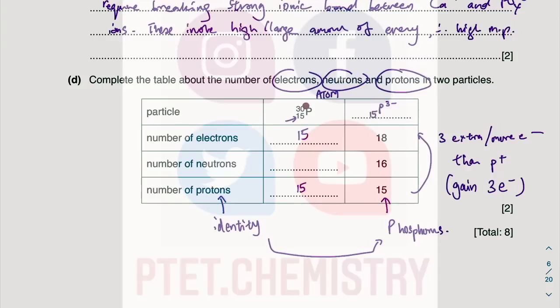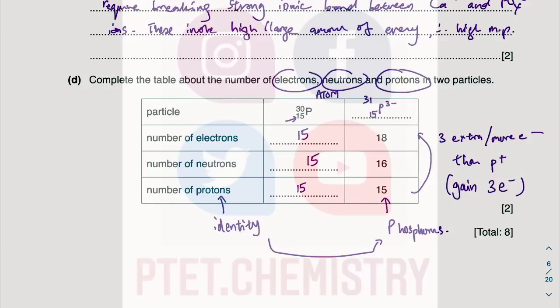This top number is called nucleon number. The definition of nucleon number is the number of protons and neutrons in the nucleus. 15 plus 16 gives me 31. Whereas for this one, the neutron number is going to be the nucleon number minus the proton number, which is 30 minus 15, so 15.